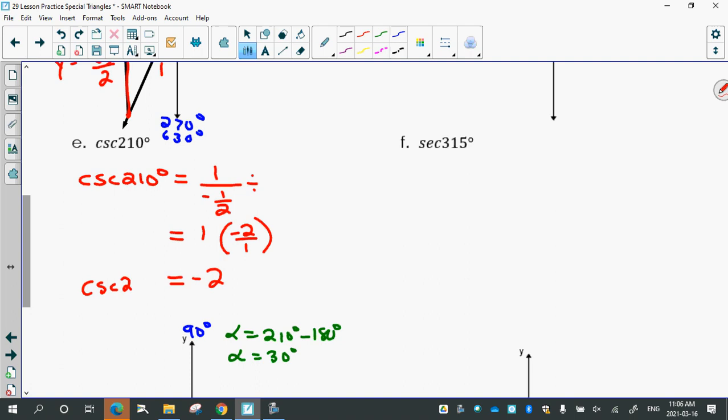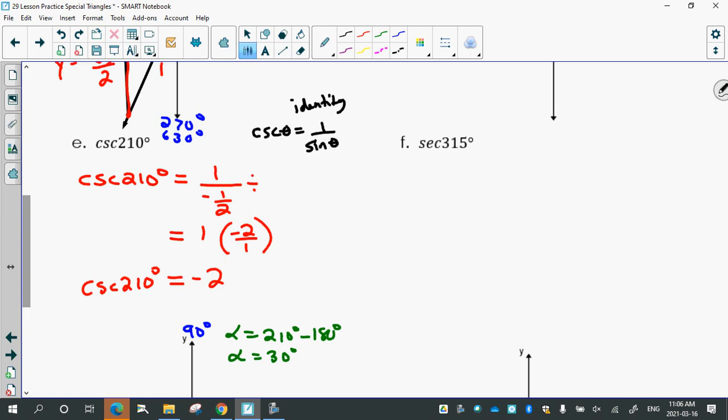I've got a question. How can I check that on my calculator? There's no cosecant button. One over sine. There you go. That's an identity. From yesterday, we know that cosecant is 1 over sine theta.